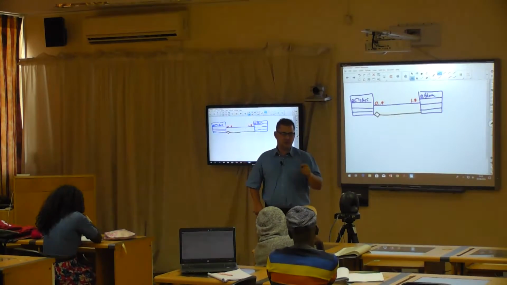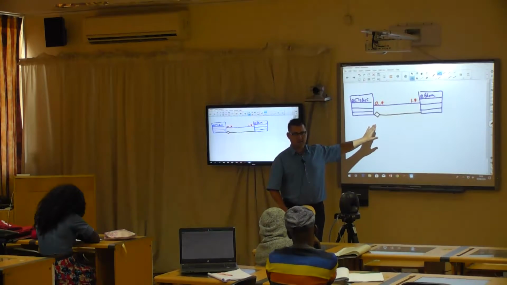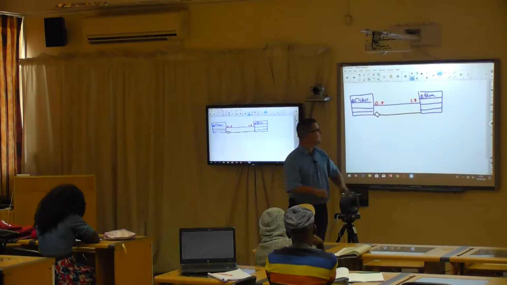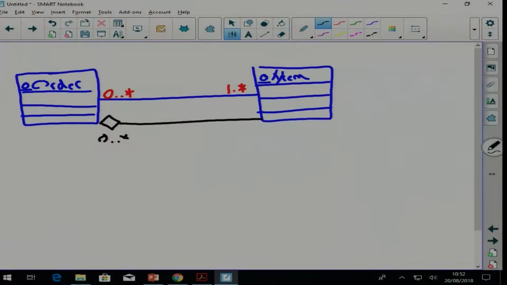It may start to look a bit funny, especially when you try to implement this later on. What would the multiplicity still be on this side? It would probably still be one to many there. Okay.